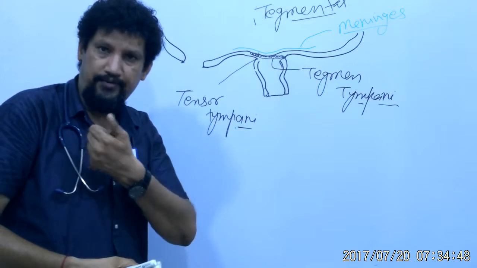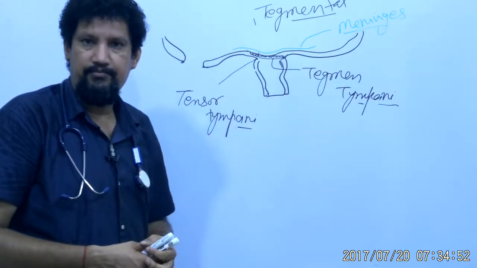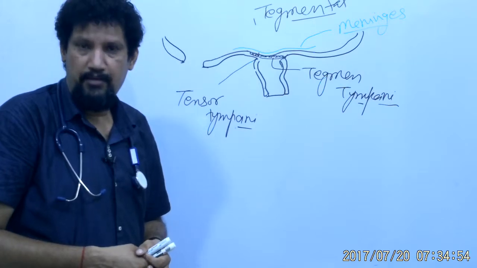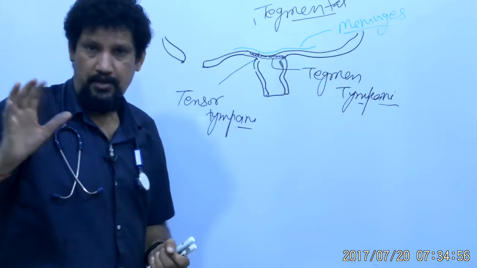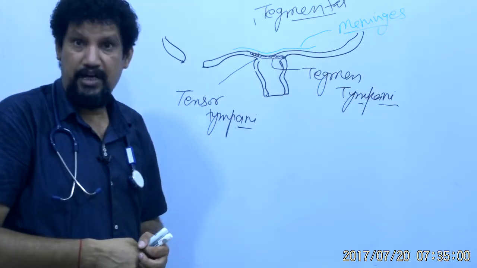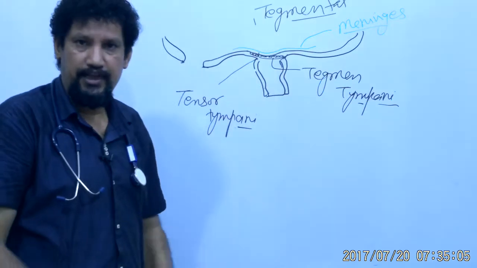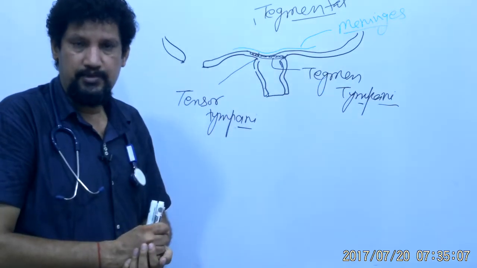The pull of the muscle is towards medially, and it makes the tympanic membrane tense, and the part which becomes tense due to the pull of this muscle is known as pars tensa. So it is also roofing the canal for the tensor tympani.